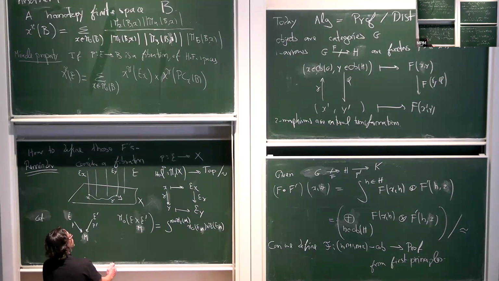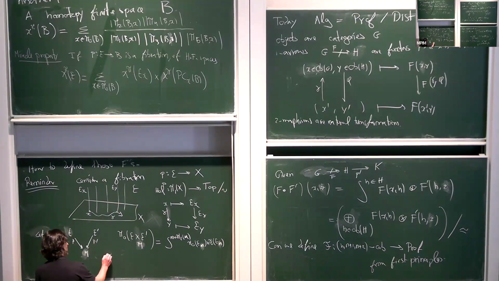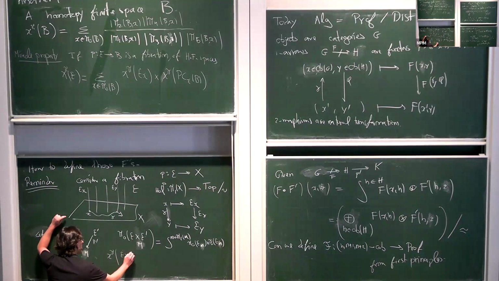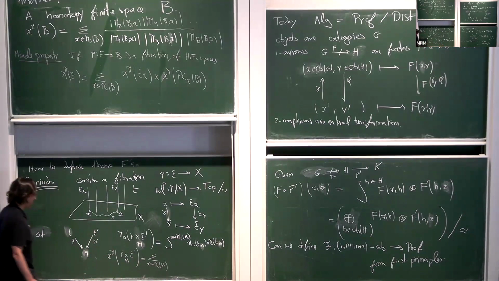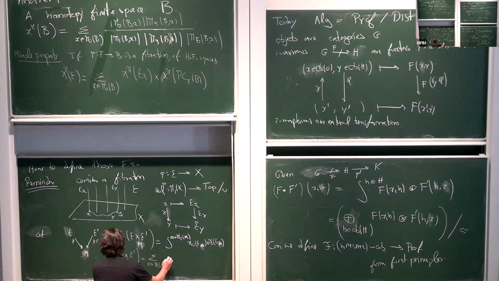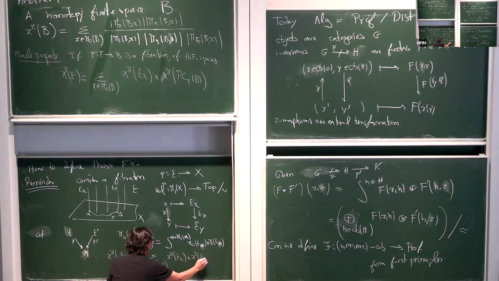Actually, it's something that generalizes it slightly, which says that if you have this situation here, then chi pi of the fiber product can be computed as a sum over the path components of the base, and then you need to do chi pi of the fiber at x times chi pi of the other fiber at x times chi pi of the path component of x in B.